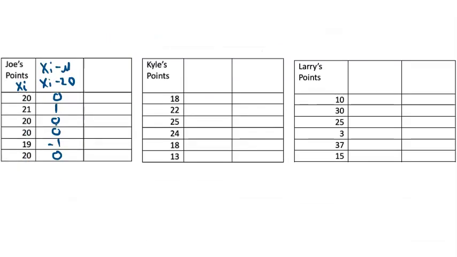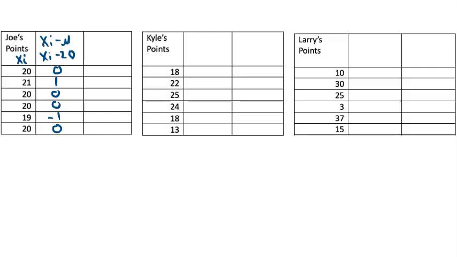So if we look back at these, it's the same table, so I can subtract xi minus mu, which in this case is still 20, and I get negative 2 here, then I get 2, then I've got 5 right here, and then 4, then negative 2, then negative 7.